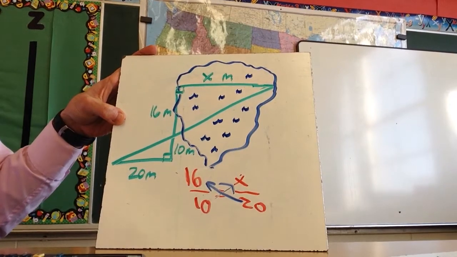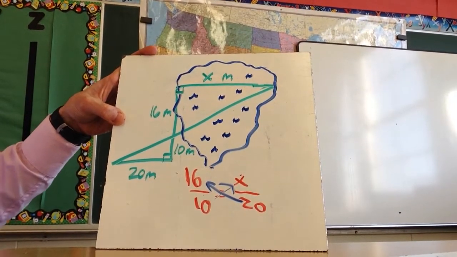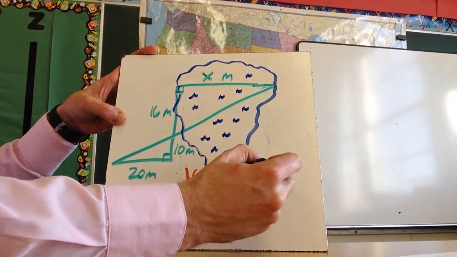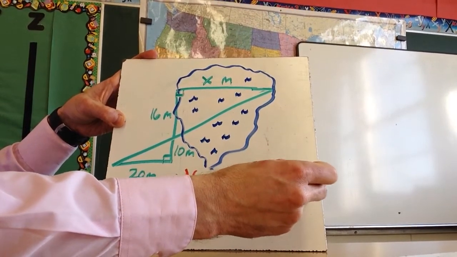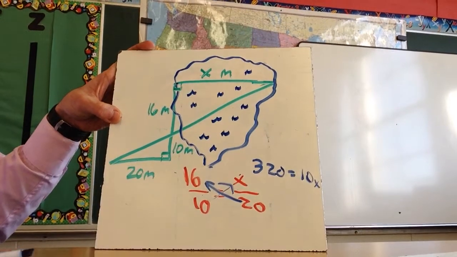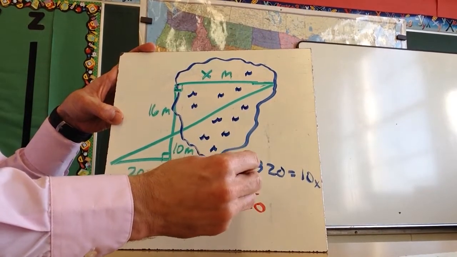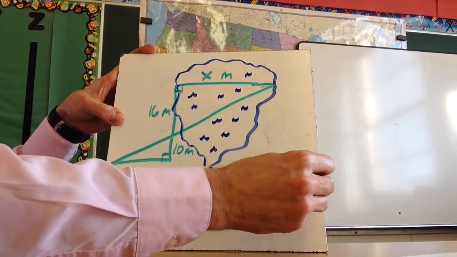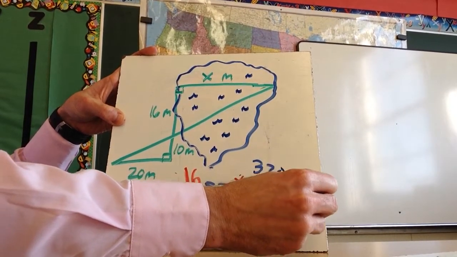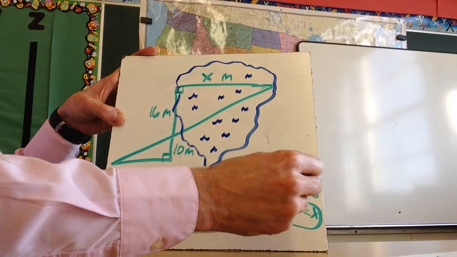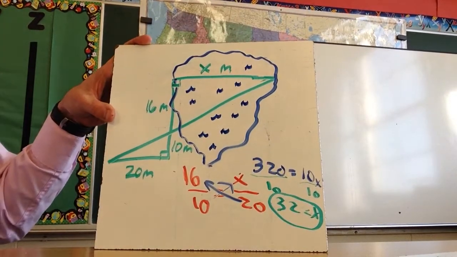And so this ends up becoming 320 over 10x. And then I'm going to divide both sides by 10. I'm taking the number in front of the x, dividing it to both sides. This becomes 32 equals x. So I know that it is 32 meters across the lake.